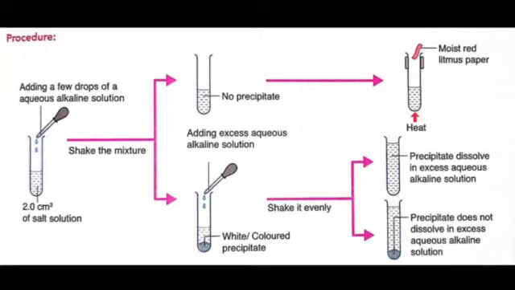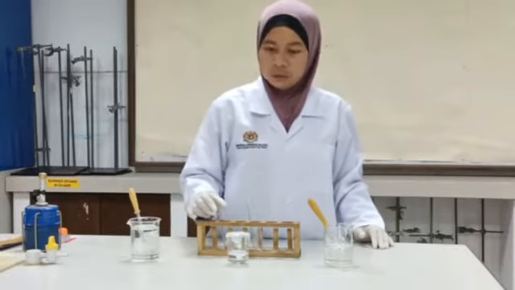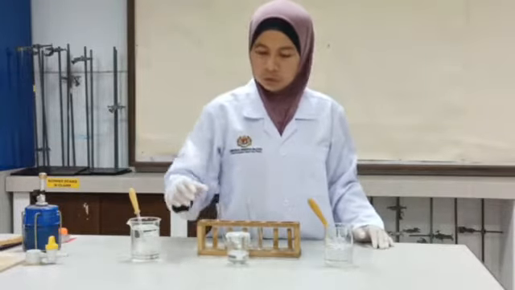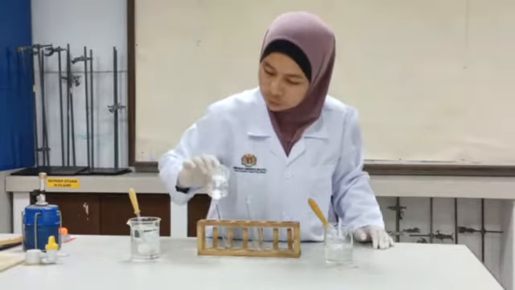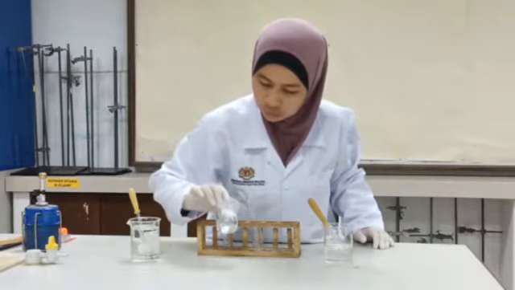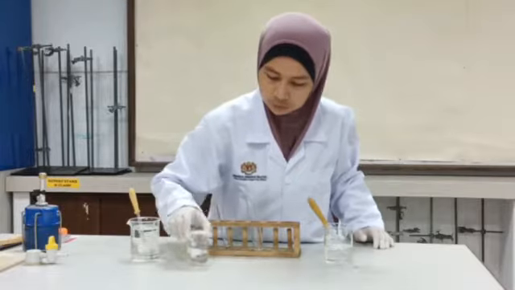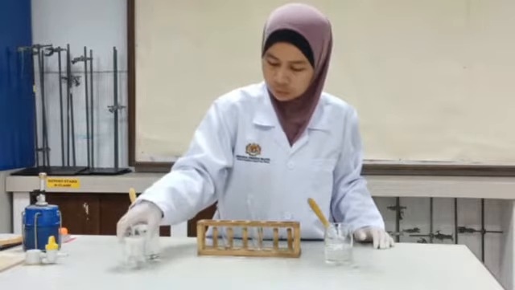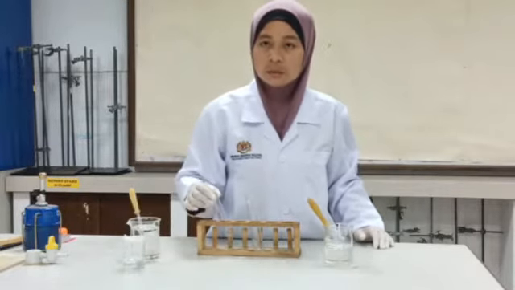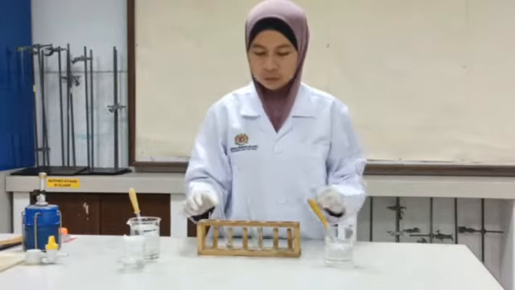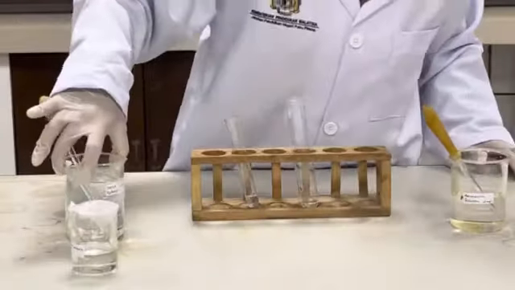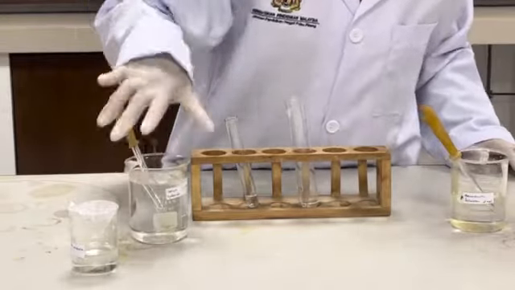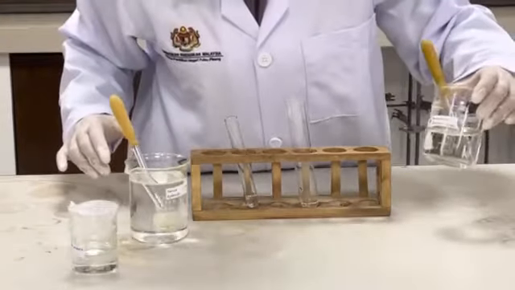Test for cation in aqueous salt solution. Now we will test the salt solution calcium nitrate, 1 mole dm³. The cation that we want to test is Ca²⁺, the calcium ion. First we will test using 2 mole dm³ sodium hydroxide solution and also 2 mole dm³ ammonia solution.